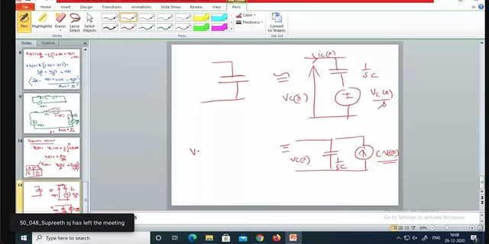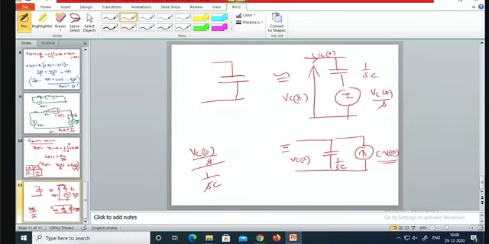It is VC of 0 by S divided by 1 by SC. S and S cancel, so C into VC of 0. This is nothing but source transformation. So you can write the capacitor either in terms of a voltage source or in terms of a current source.